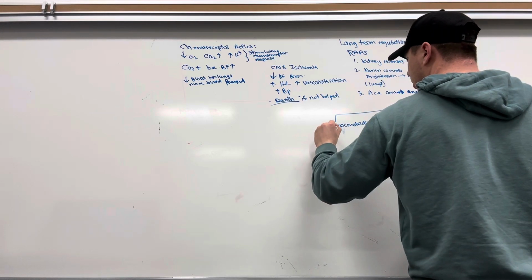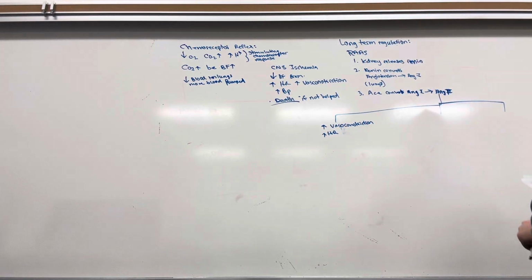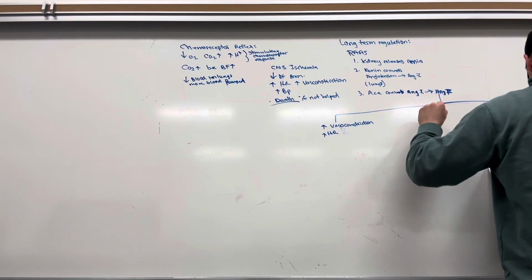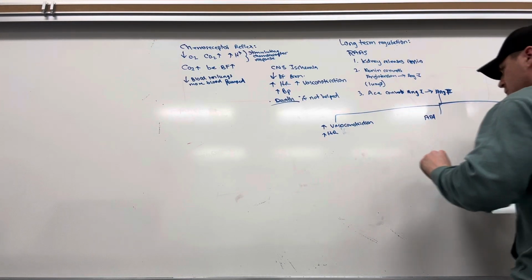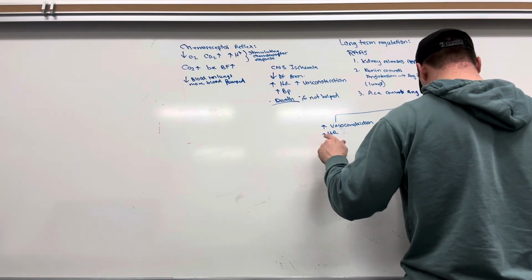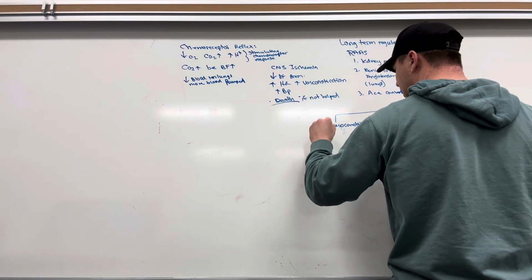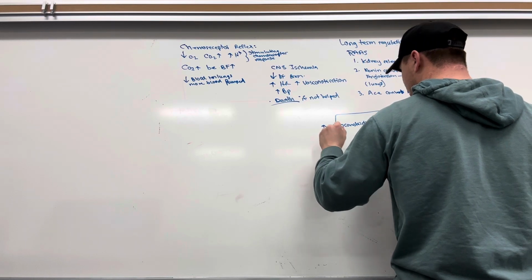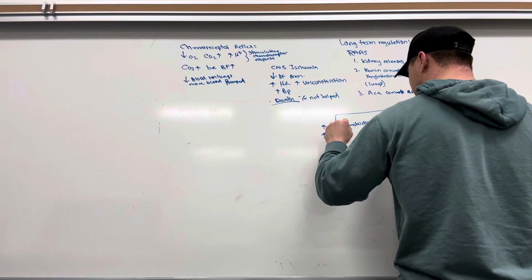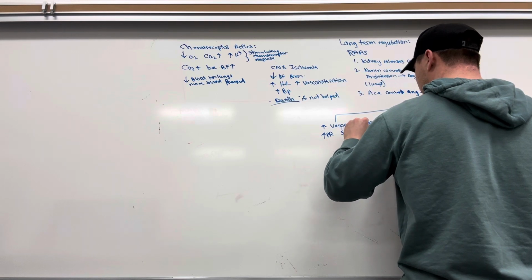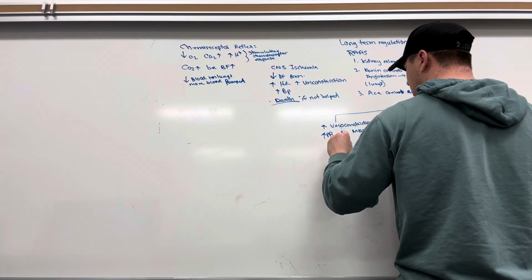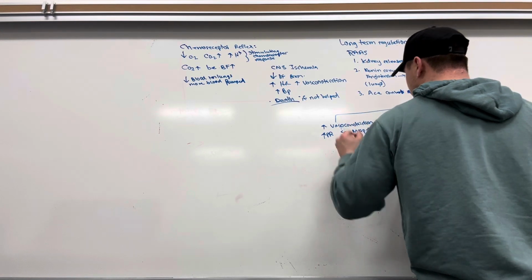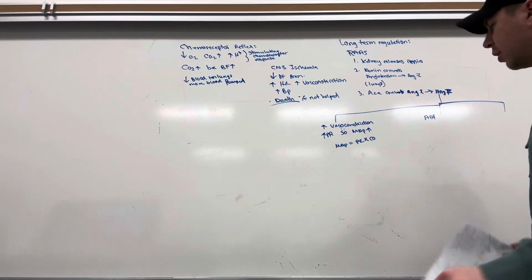And this will increase heart rate. It also increases ADH. Well, this actually increases peripheral resistance, and so MAP goes up because we know MAP equals peripheral resistance times cardiac output.